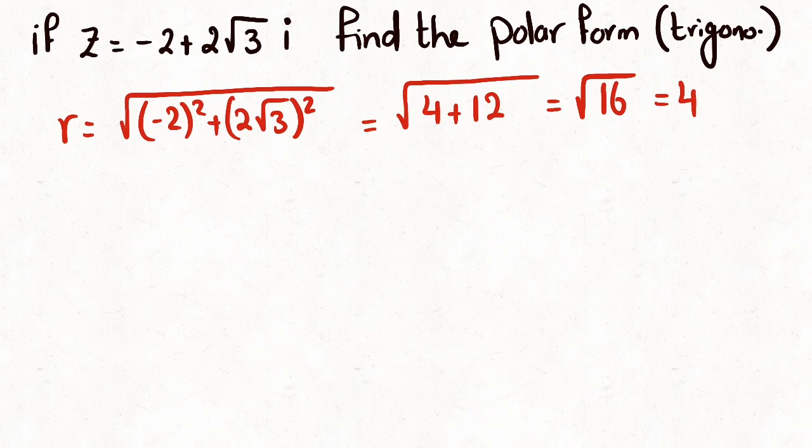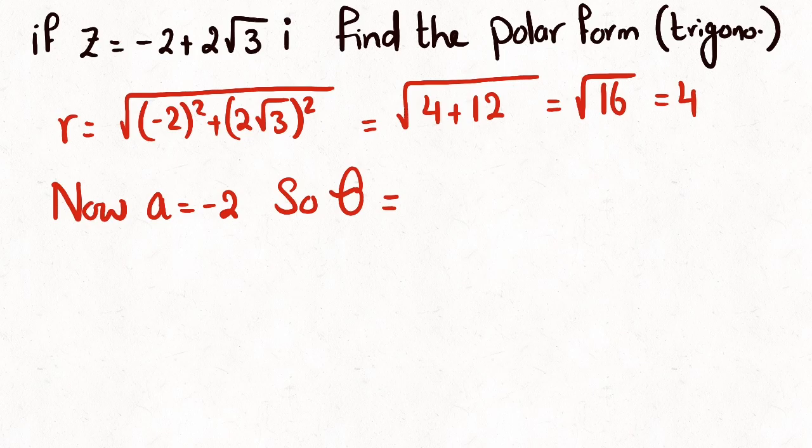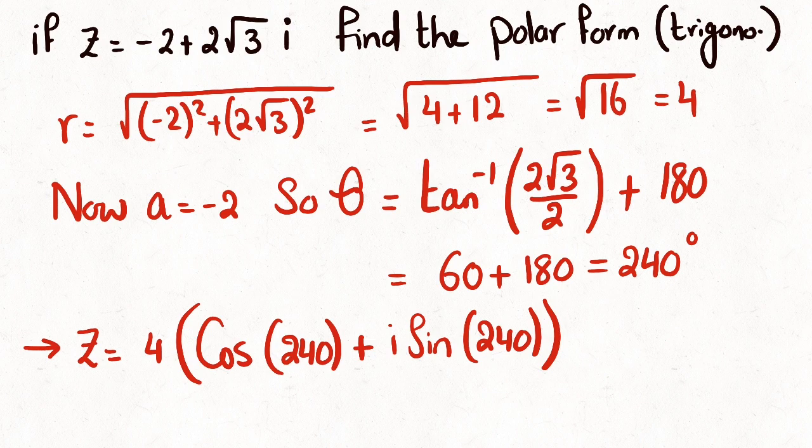Now you need to find theta, but because a is negative, you will say theta equals tan inverse of 2 radical 3 divided by negative 2, plus 180. You have to add 180 to find theta. Now z equals r again, cosine theta plus i sine theta, and you replace the values that you found earlier.